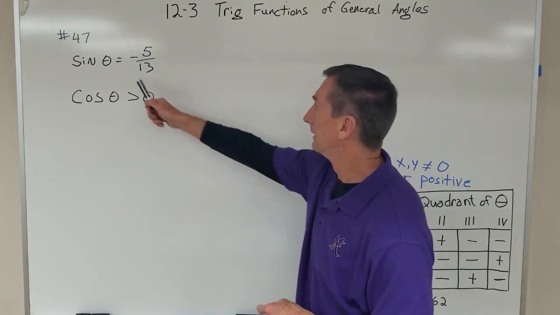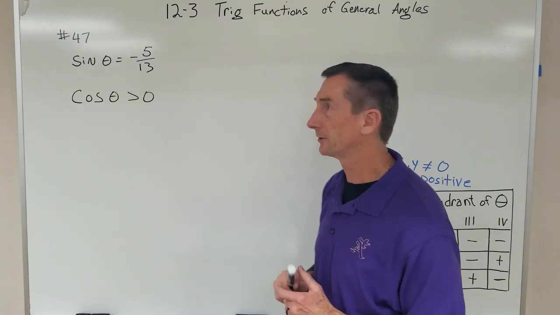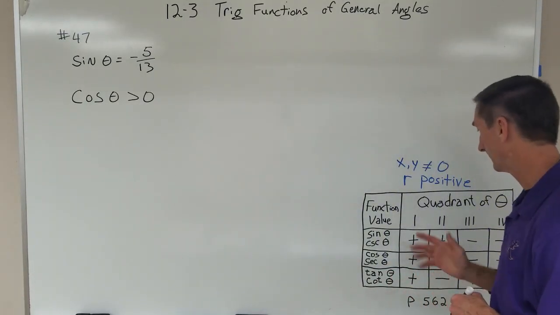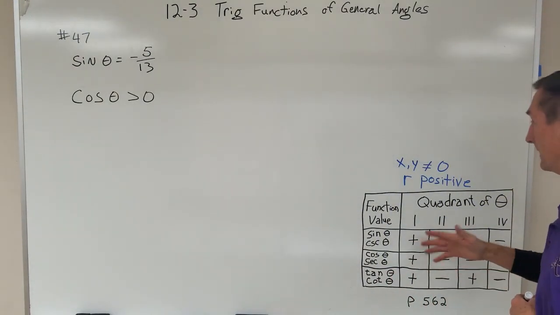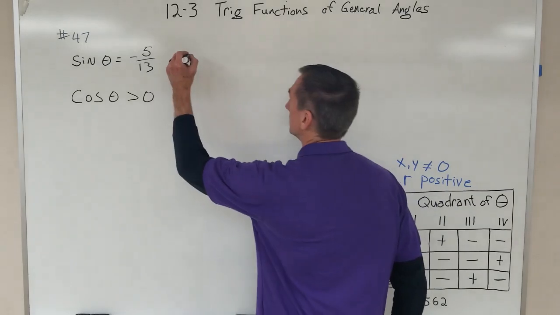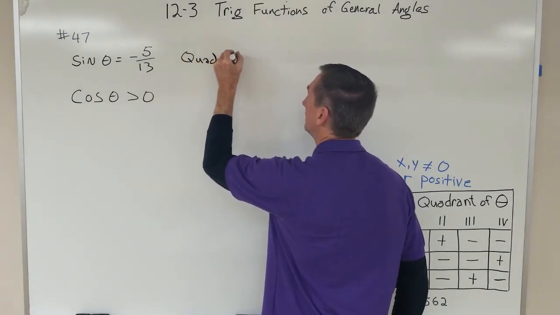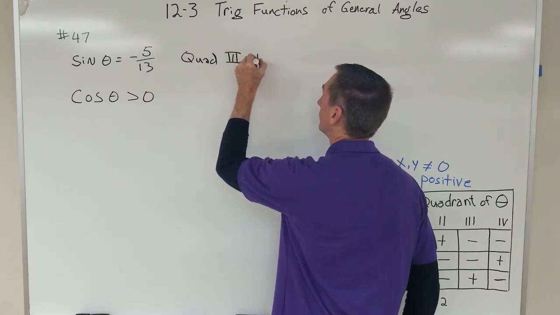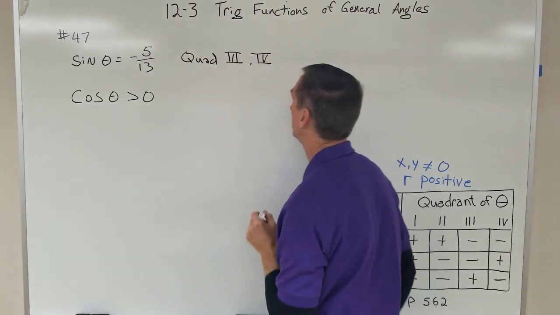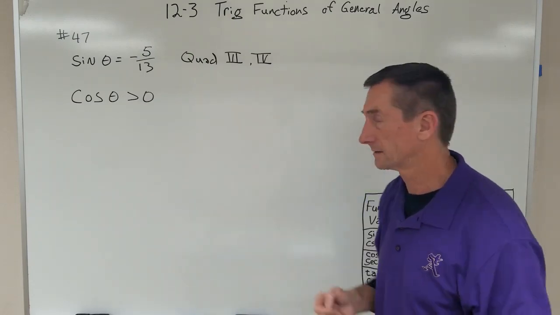Okay, so they tell me that the sine of theta is -5/13. First of all, I need to look over here at this table. If my sine is negative, that means I'm in either quadrant 3 or 4. And they also tell me that the cosine is greater than 0, positive.